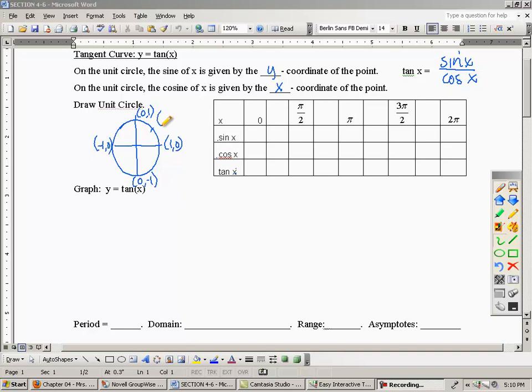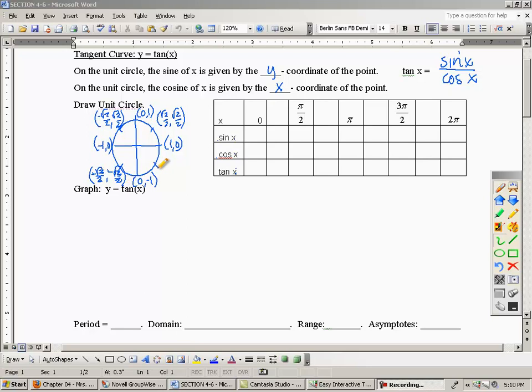At 45 degrees, the exact value is the square root of 2 over 2 for cosine, the square root of 2 over 2 for sine. When I move it to the second quadrant at 135, my x value is a negative square root of 2 over 2. My y value is a positive square root of 2 over 2. When I move it to the third quadrant at 225, both x and y are negative.